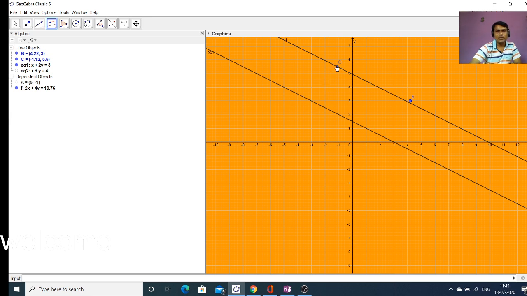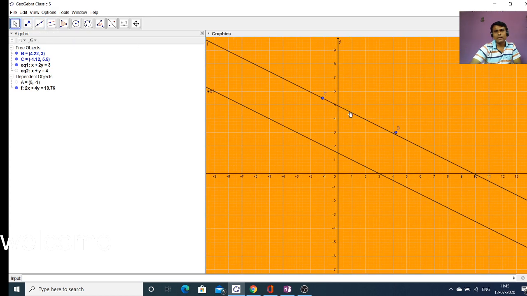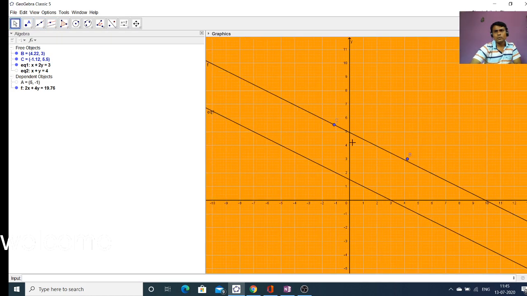If I move this line again, then what happens to this line? If I take this line and move, can it move? No. Okay, I will not move this line, this is a fixed line.